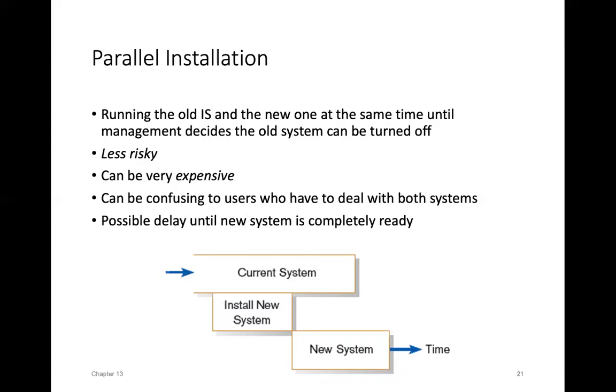It's going to be less risky. It's going to be more expensive because you're going to have 2 systems you're going to have to support at the same time. And as I say, you can have possible delays until the new system is completely ready. So again, it has its pros, it has its cons. It depends on the risk appetite and the culture and the historical interaction, the politics of the environment in which you're doing it.